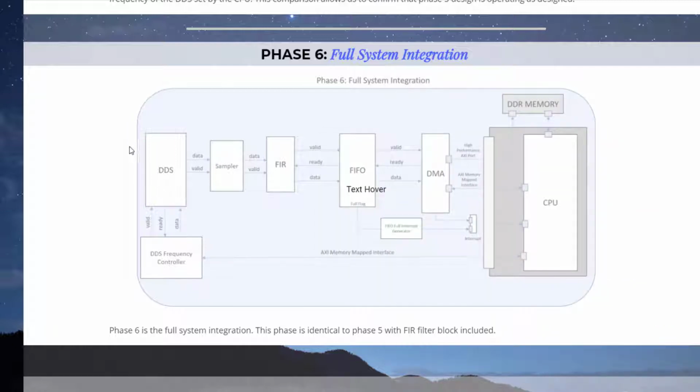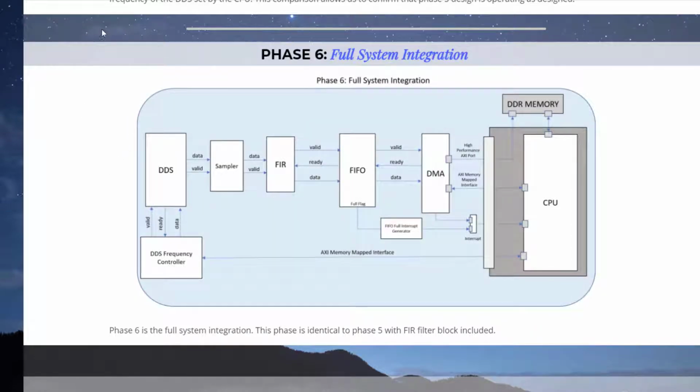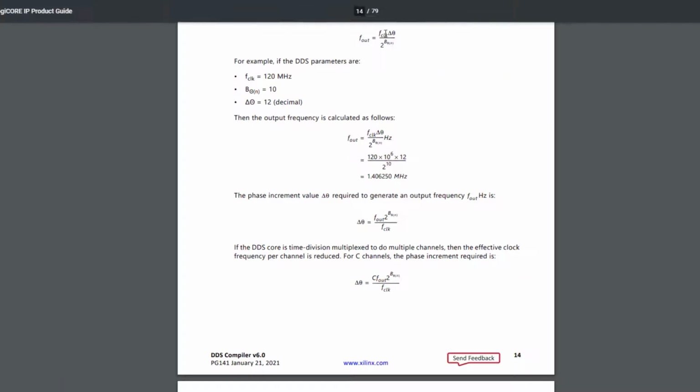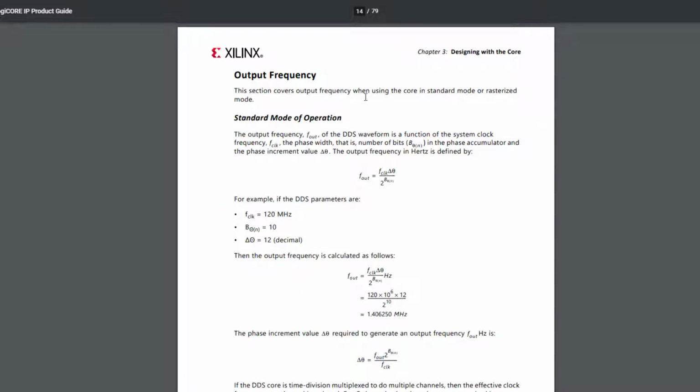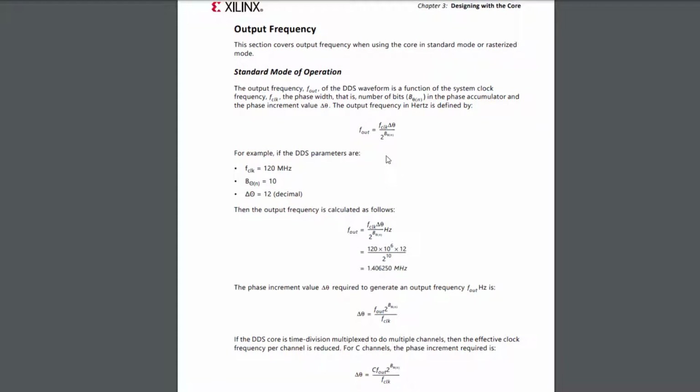I don't want to get into details about the DDS, but let's quickly talk about mathematically how you would do that. Here I have opened Xilinx, let me show you what document this is. I have the Xilinx DDS Compiler product guide, and if we go to page 14, it has the computations required to change the output of the DDS. What we're doing specifically in my case, you can see F out, which is output frequency, is a function of the clock frequency, the phase increment, and the phase data width.